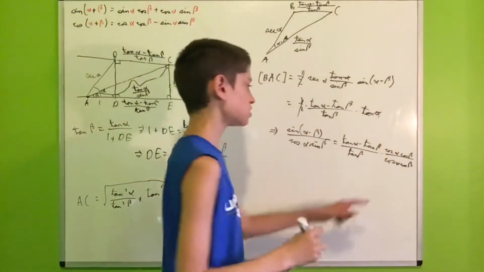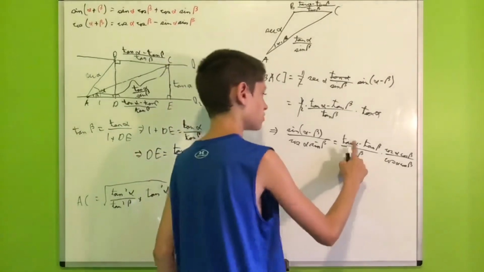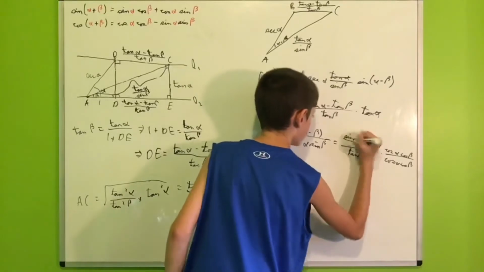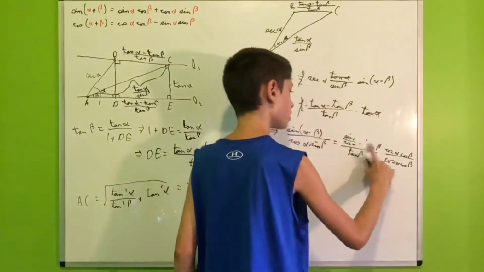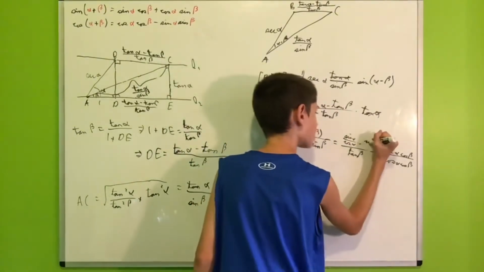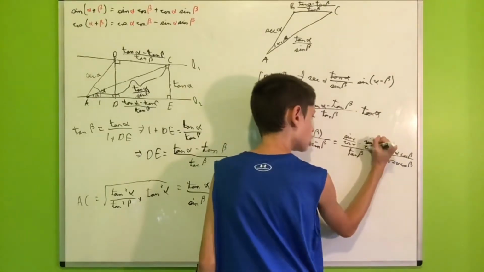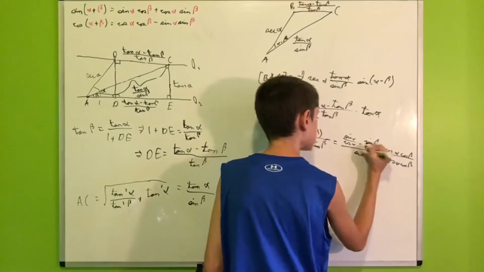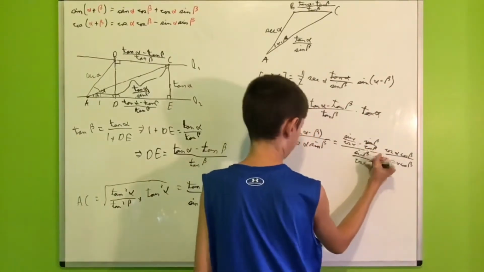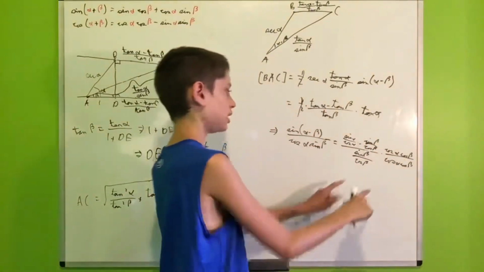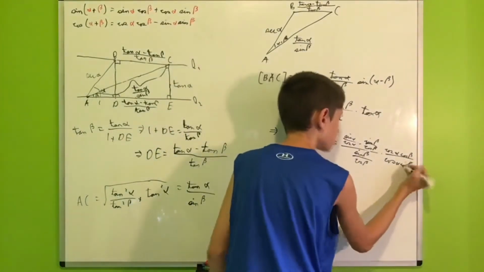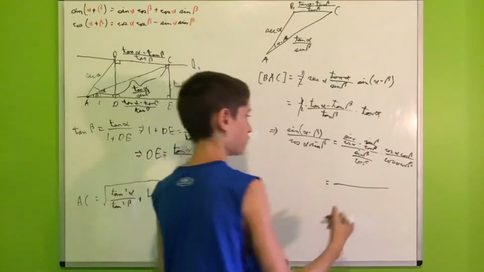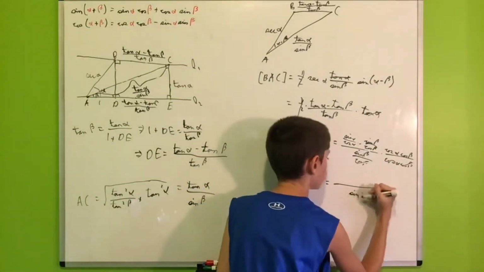We can rewrite tangent as sine over cosine, so sine alpha over cosine alpha minus sine beta over cosine beta, and the bottom will be sine beta over cosine of beta. And now in the denominator, the cosine of beta term will cancel out. We will be left with a denominator of sine beta times cosine of alpha.